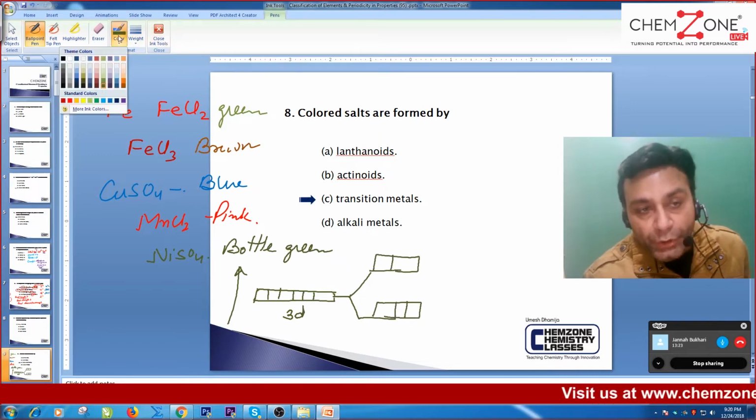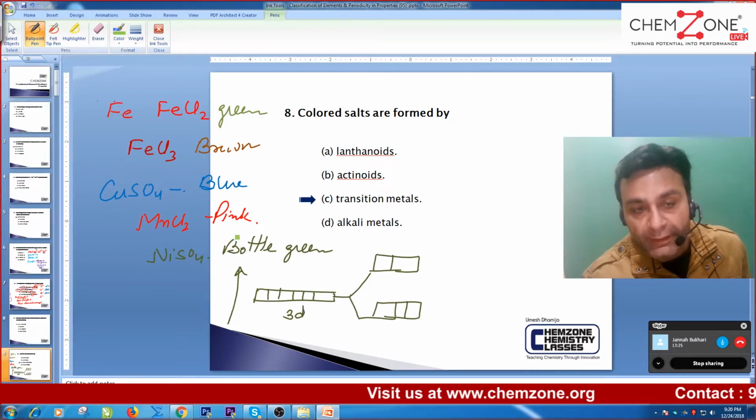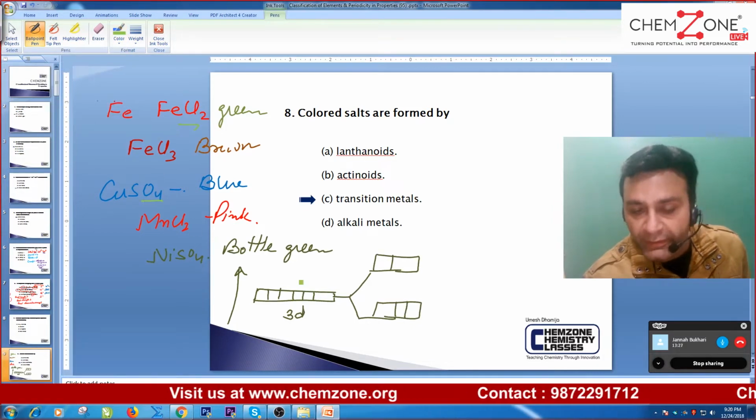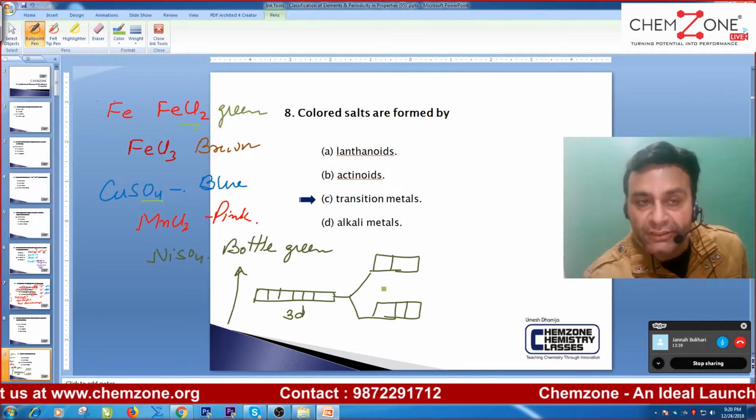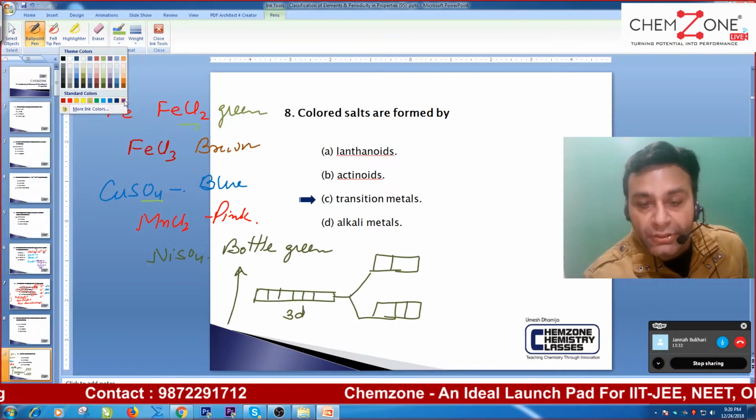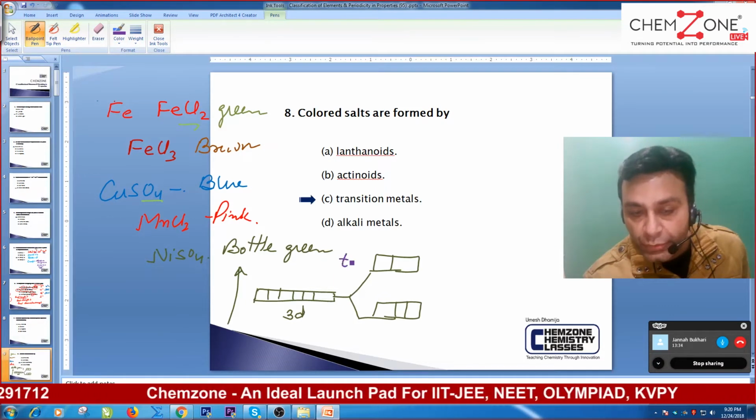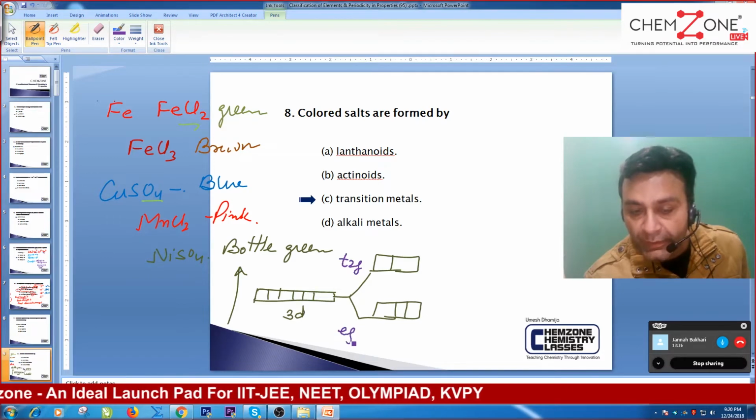When it makes a bond with chloride, sulfate, or any other thing, it splits up into two different energy levels. These are called the T2G and the EG orbitals.